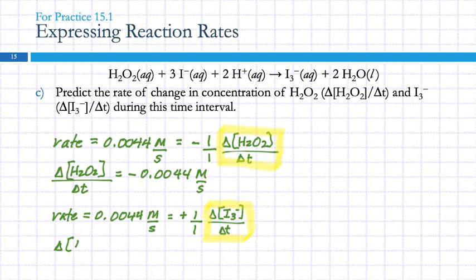So the change in concentration for I3 minus is going to equal what? Positive 0.0044, right?